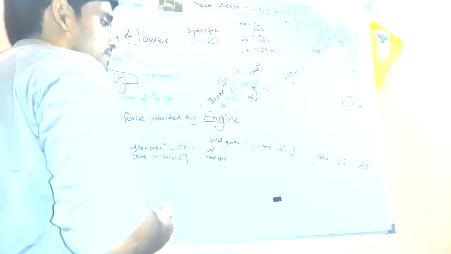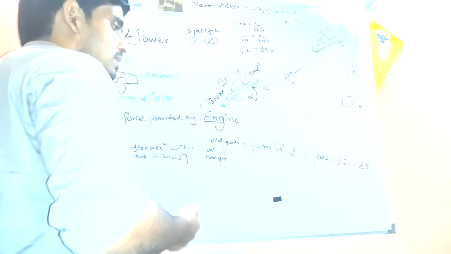plus the work done against the friction, or the required work to be done in order to overcome the resisting force, right? Here it is not only the friction, there are some other resisting forces that are associated with.